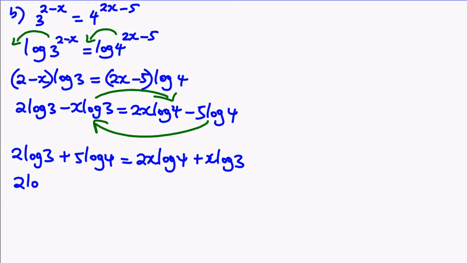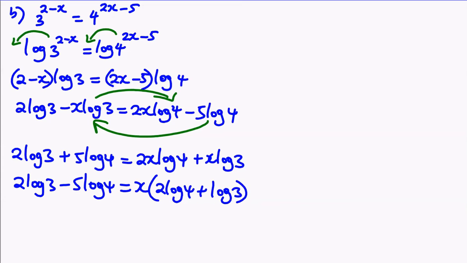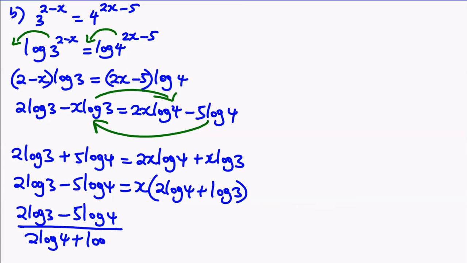Factorize x out, and then because I want to solve for x, I'll just divide both sides by the coefficient of x. So 2 log 3 plus 5 log 4 divided by 2 log 4 plus log 3 will be equal to x.